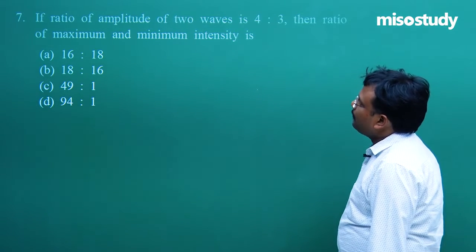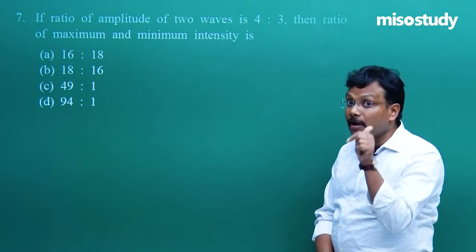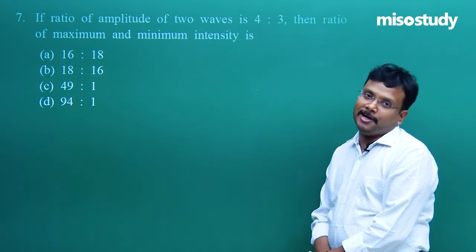If the ratio of amplitude of two waves is 4/3, amplitude ratio A1 upon A2, then find the ratio of maximum and minimum intensity.